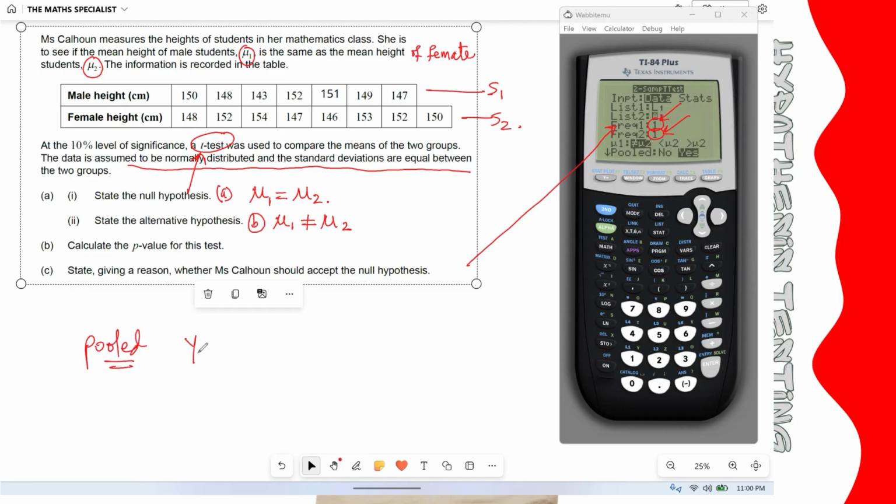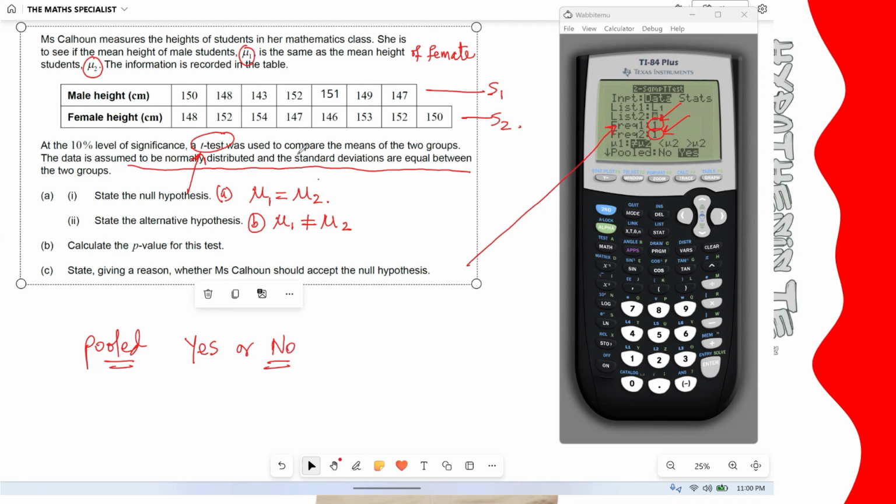Whenever you see the word pooled, there is yes or no. At what time do we say yes, and at what time do we say no?